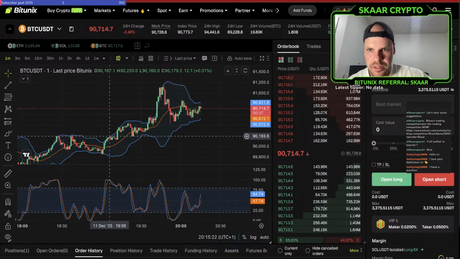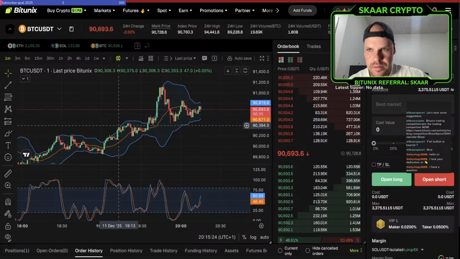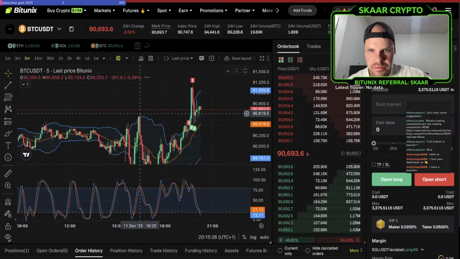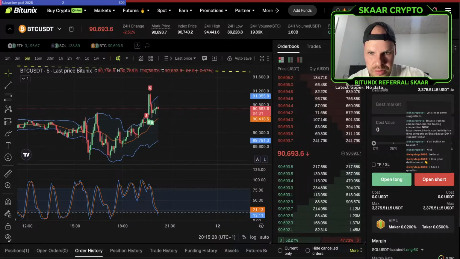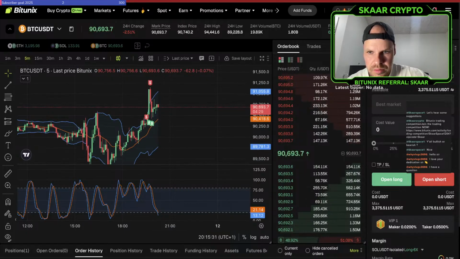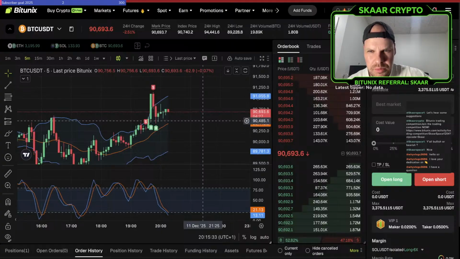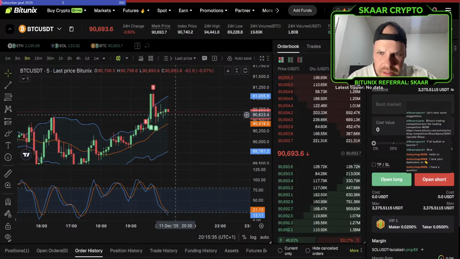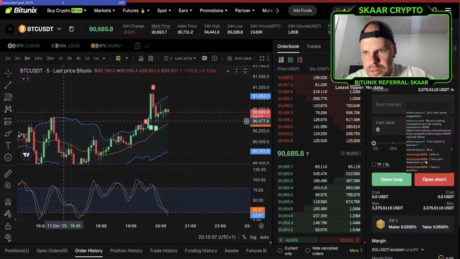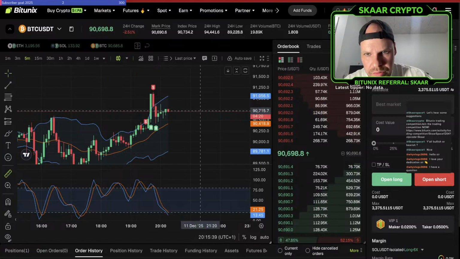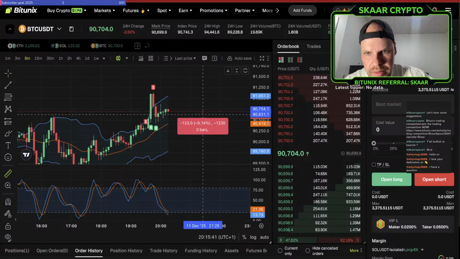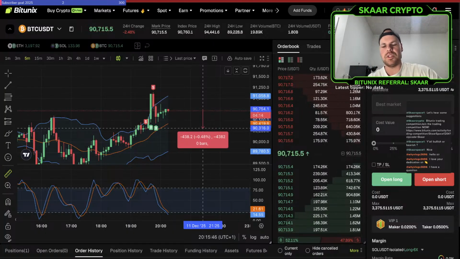The problem is we're just seeking confirmation here. And we're sitting high. But I'm not gonna open a short to catch a move like this. That's not the point. The point is to get like a 0.5% move on a semi-comfortable swing.